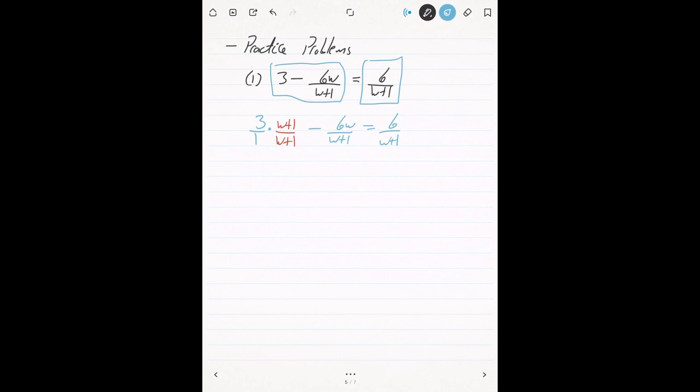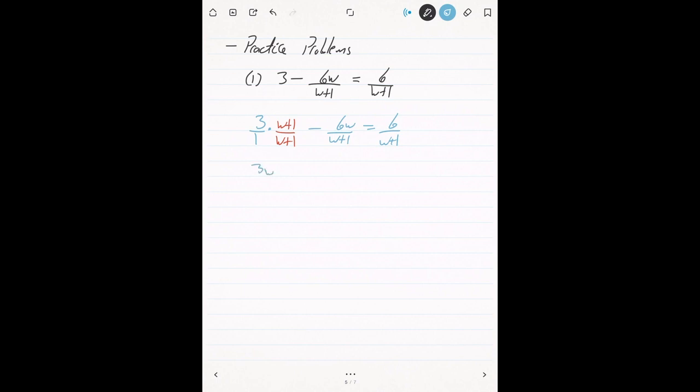So to do this, I first need to have common denominators. Looking at the denominators here, I saw w plus 1 and w plus 1 again, and this denominator was just a 1. So I decided let's try to get the 3, or the 3 over 1, to have a w plus 1 denominator. Whatever I do to the bottom, I also have to do to the top. So let's multiply this through.